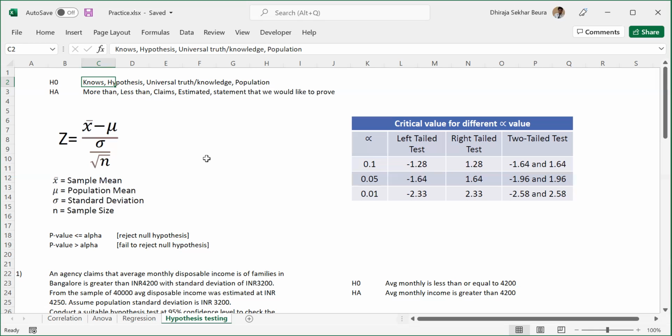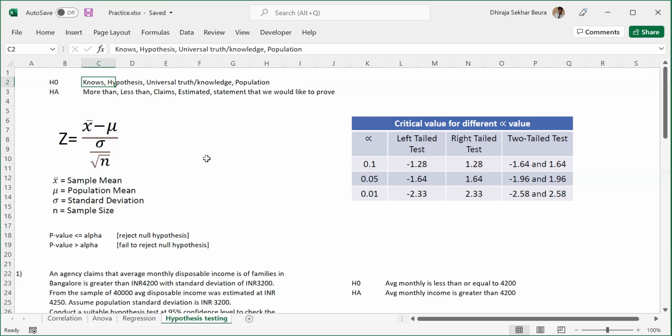Instead of finding a common word, remember these exact points: more than, less than, claims, estimated, statement. Whatever the question asks you to prove, try to relate it to one of these words. Whichever seems similar, make that proving statement the hypothesis.